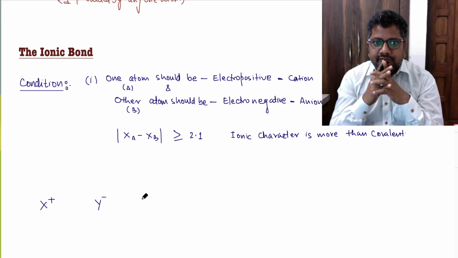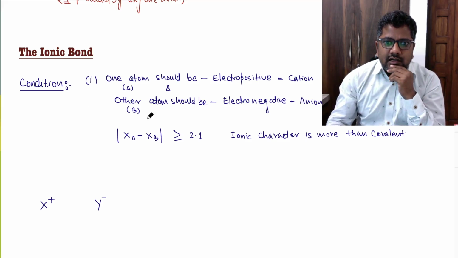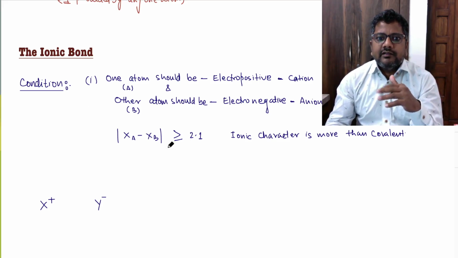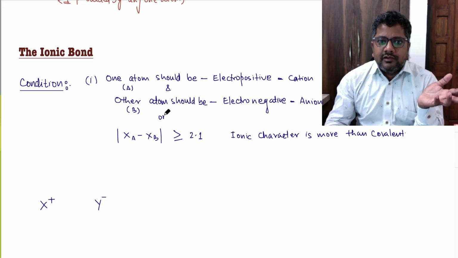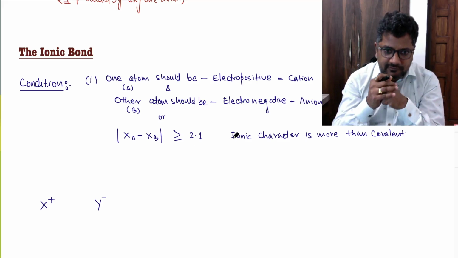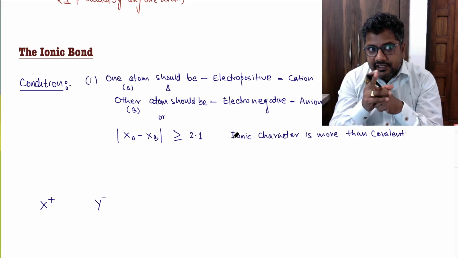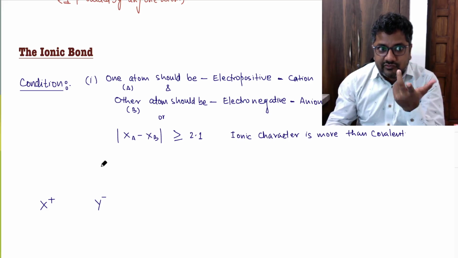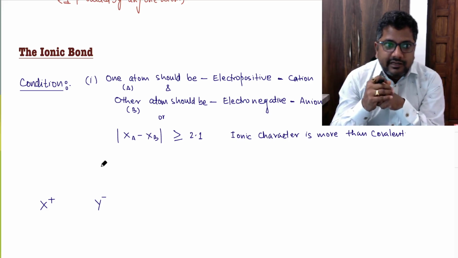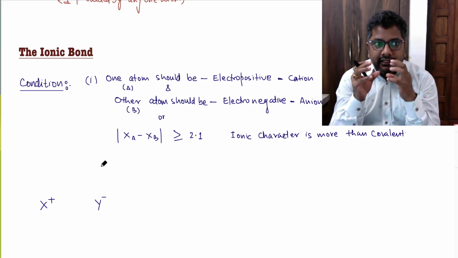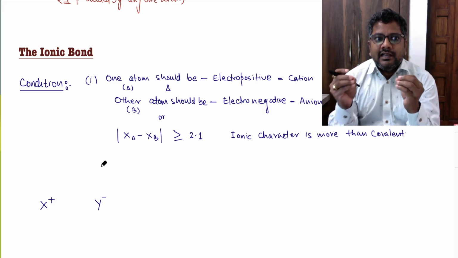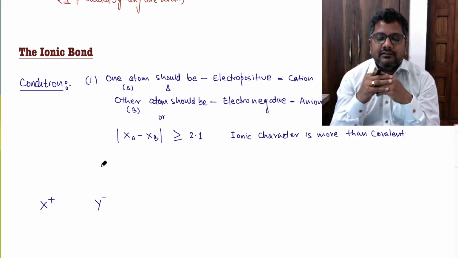Think carefully. The sole condition of ionic bonding is not just that one atom should be electropositive and the other electronegative, or that the electronegativity difference should be equal to 2.1. It is an estimated value. One more condition is there. That's why I wrote first. At least a second condition should be there, which I am trying to explain here. We cannot say the bond between cation and anion is always ionic.